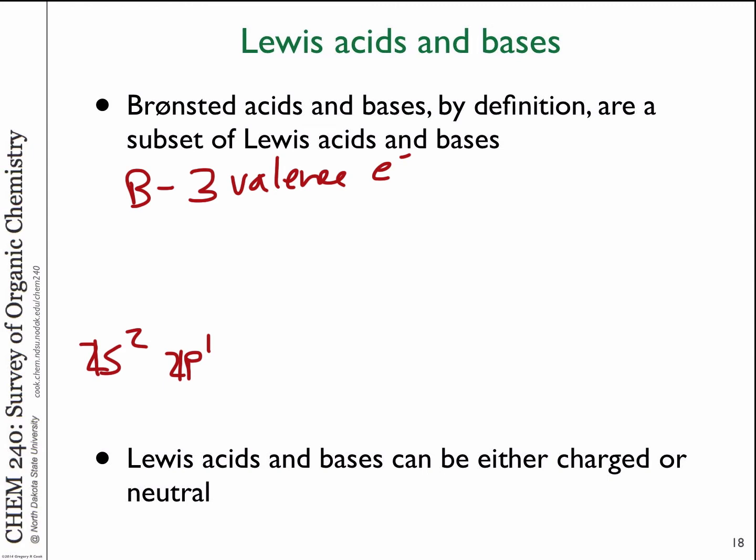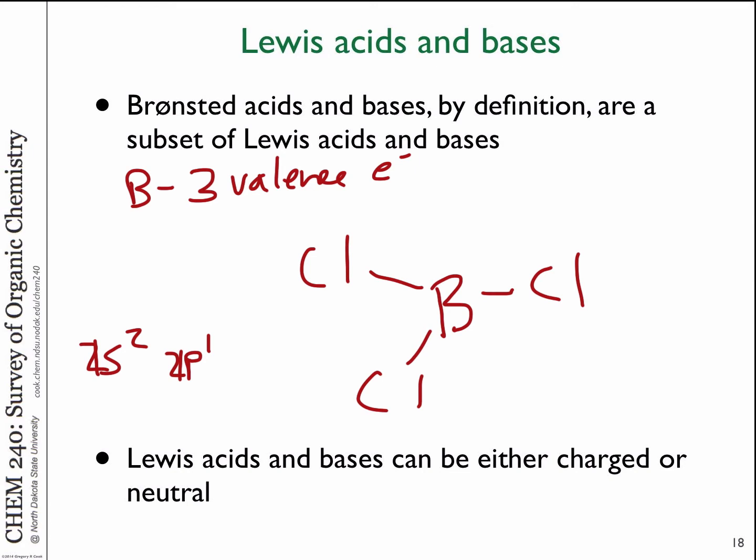So if you form bonds with boron, you have to be able to share these electrons, but we only have 3 electrons, so we can only form 3 bonds to be a neutral molecule. So we have molecules like boron trichloride, for example. It can form 3 covalent bonds with 3 chlorines because it has 3 electrons to share.